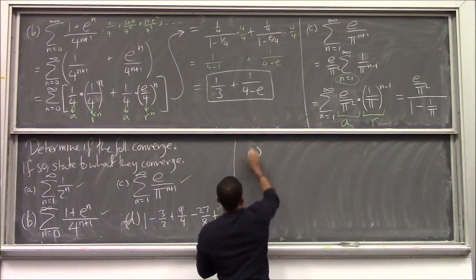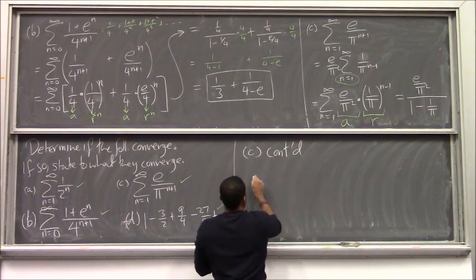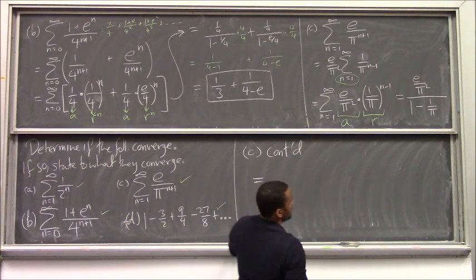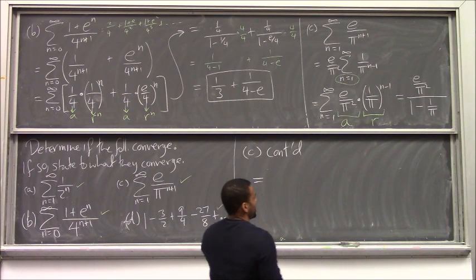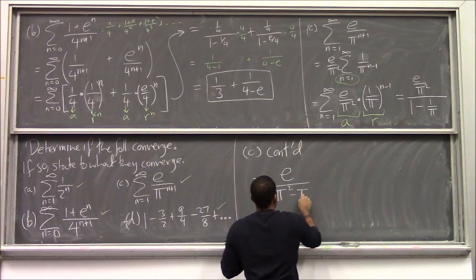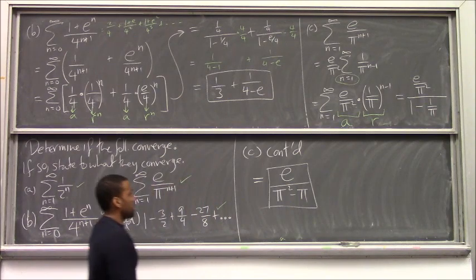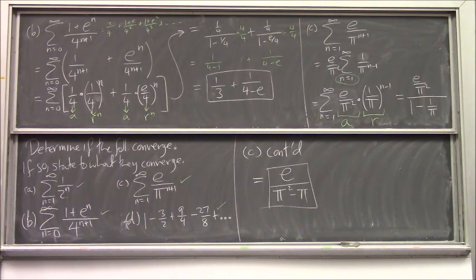So this is equal to, I can multiply top and bottom by pi squared. So this would look like e over pi squared. So that guy converges to that number.